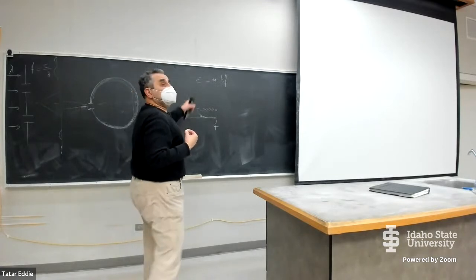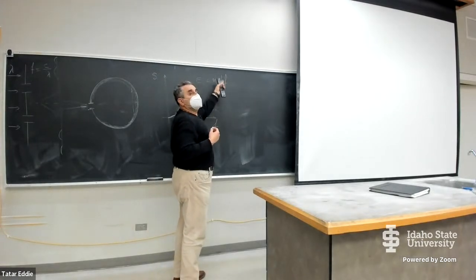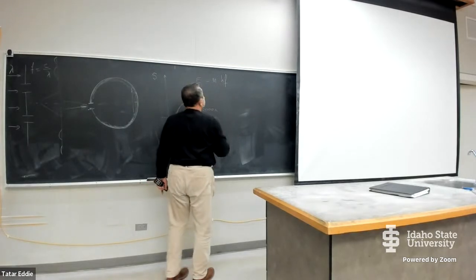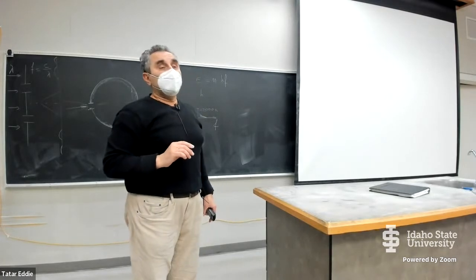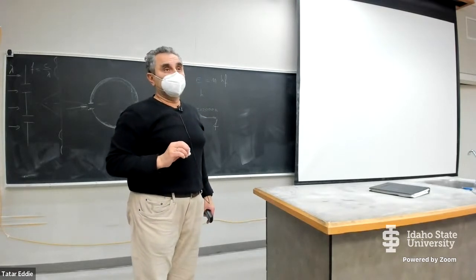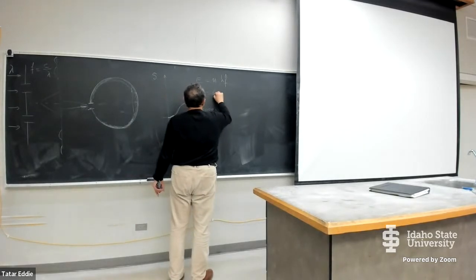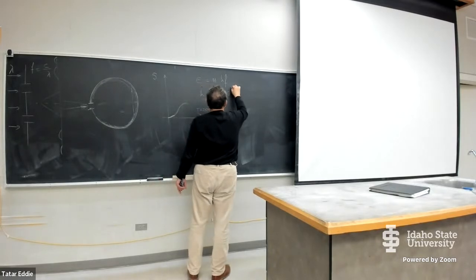Here, n is an integer number: 1, 2, 3, and so on. h is one of the three universal constants of nature, called Planck's constant, with a numerical value in SI units equal to 6.6 times 10 to the negative 34 joule-seconds.